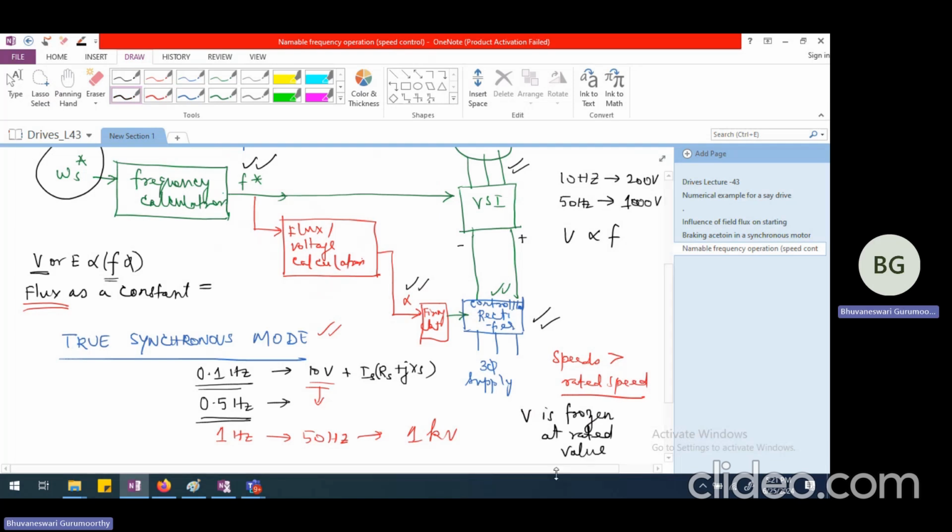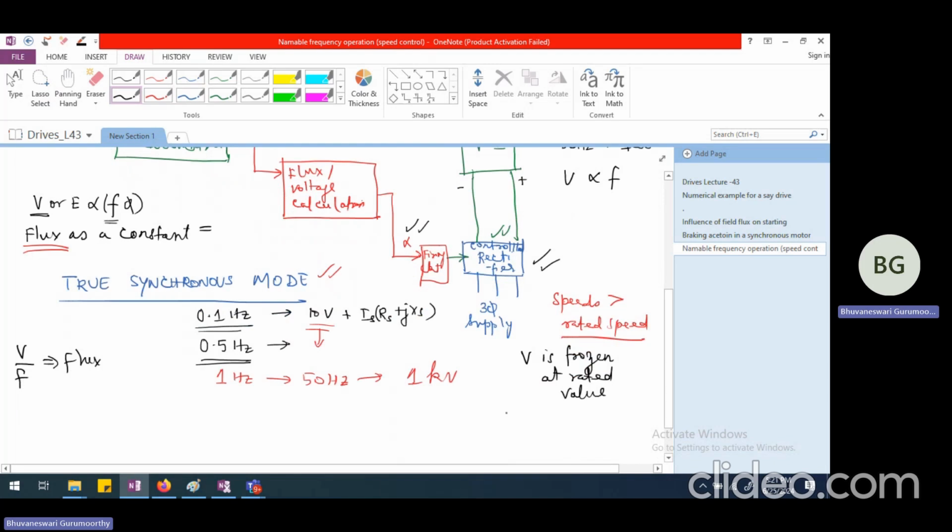Because of the increase in the frequency, the speed will increase, but V divided by F, which is actually deciding the flux, will become lower. So the flux is lower, and the torque producing capability will also decrease. We will not be able to produce as much torque as what we were producing until rated speed.